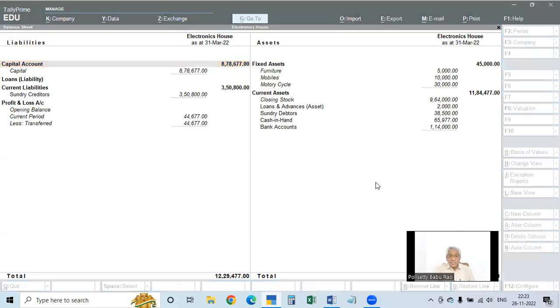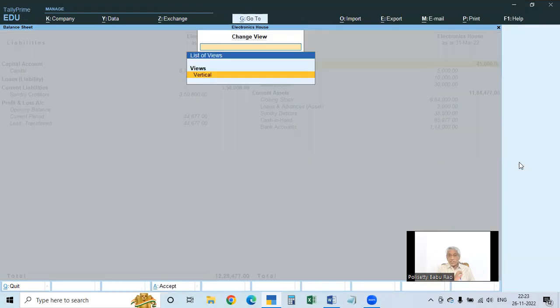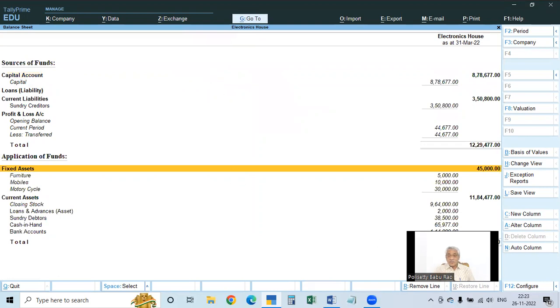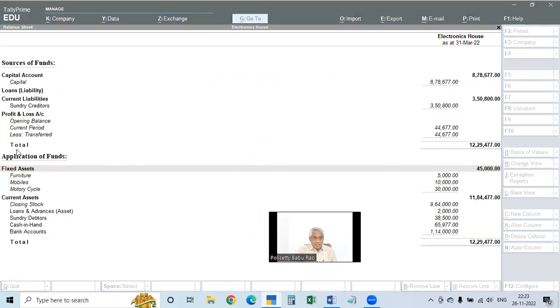If you want to see the vertical manner, there is no setting in F12. We have to go to the right side, click Change View, or press Control H. It is showing vertical now. Everything is the same, but in another way. Here everything is given vertically.